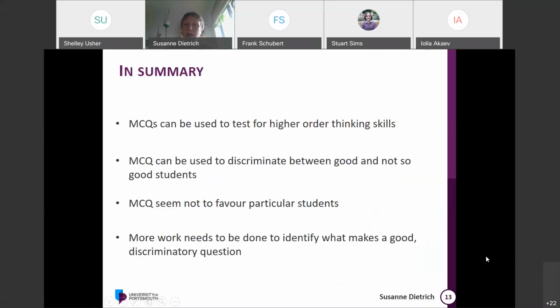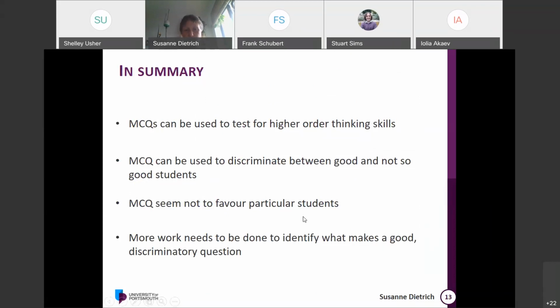So in summary, I think, at least from my point of view, we can use MCQs to test for higher order thinking skills. We can also use MCQs to discriminate between the good and the not so good students.